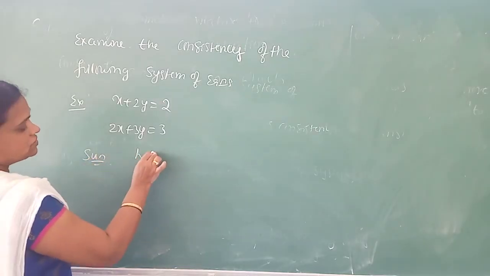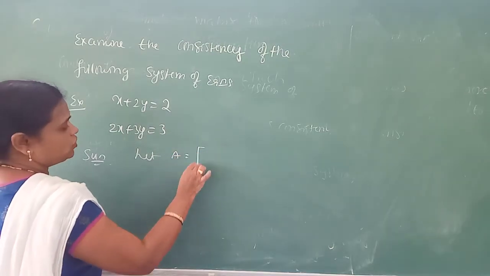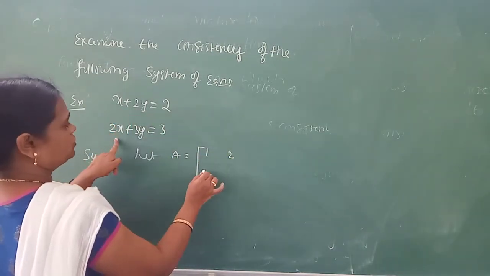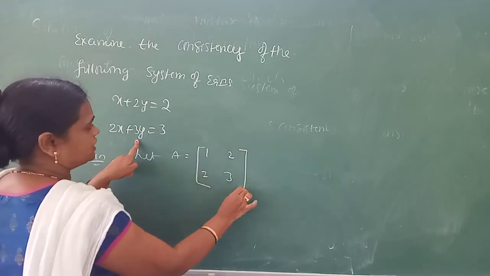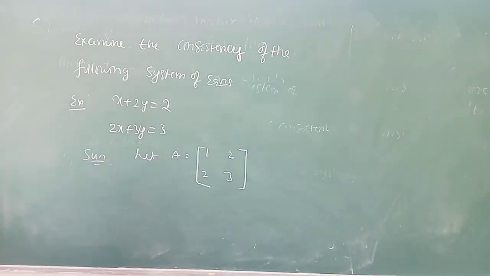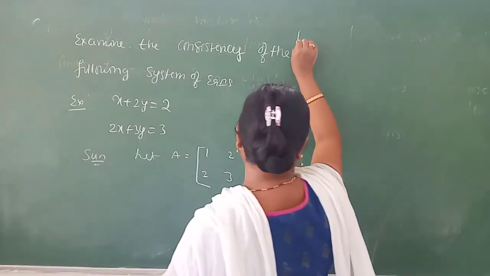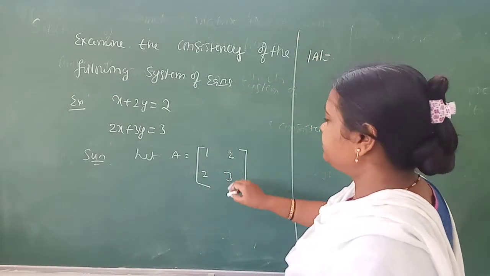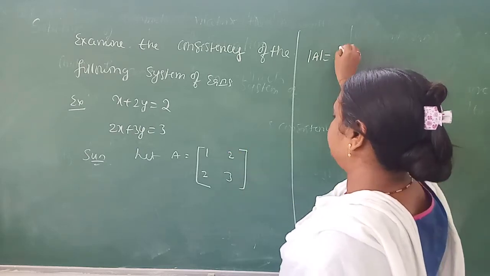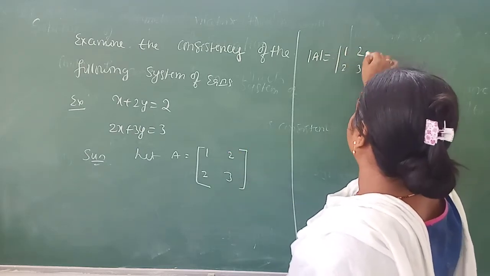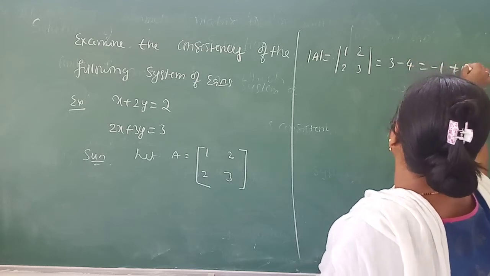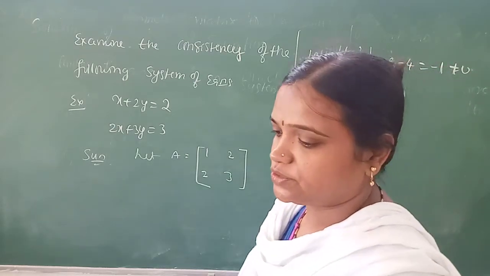Let matrix A be the coefficients of x and y: 1, 2, 2, 3. You know already how to calculate this, because we solved so many examples in matrix. Now we apply determinant A, by the rule of cross multiplication: 1, 2, 2, 3. 3 minus 4 is minus 1, which is not equal to 0.